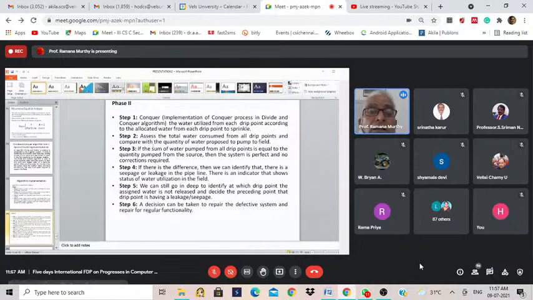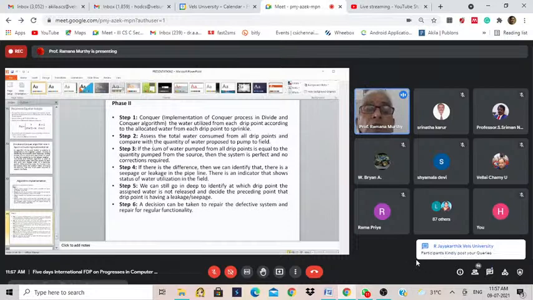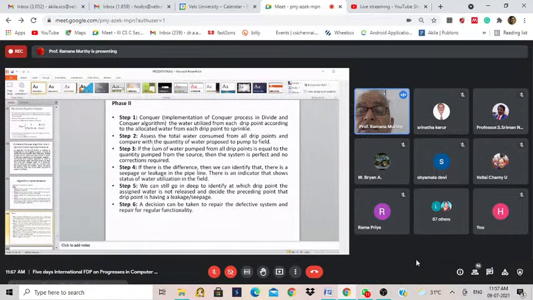Then the third step is the sum. If the sum of water released from the drip points is equal to the quantity pumped from the source, then the system is perfect. Otherwise, it's an imperfect system. Then step 4: if there is a difference, then we can identify where the seepage or leakage in the pipeline is.